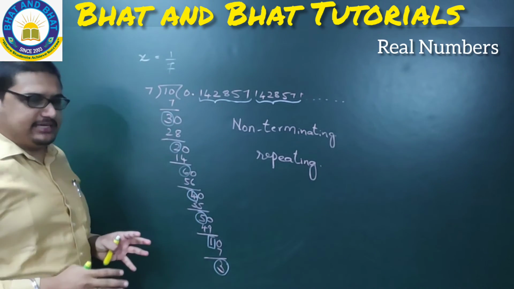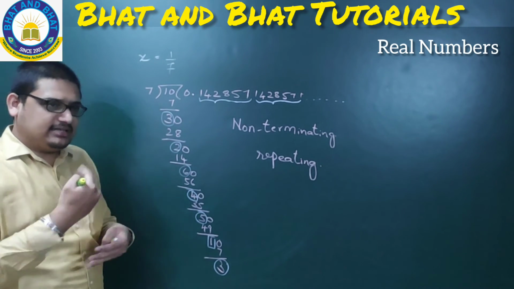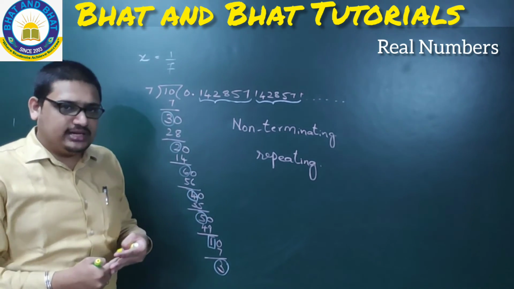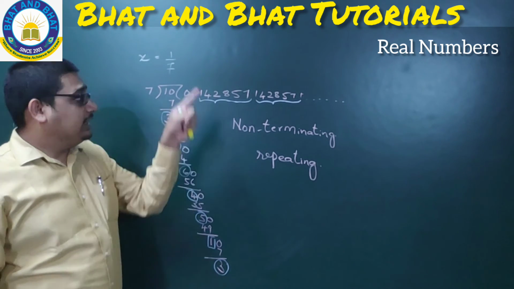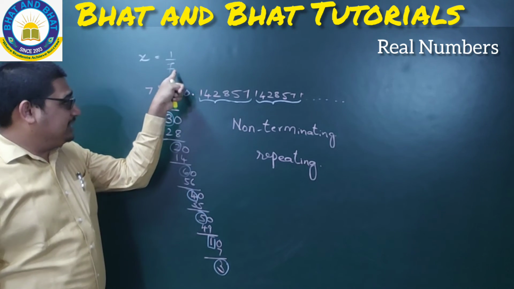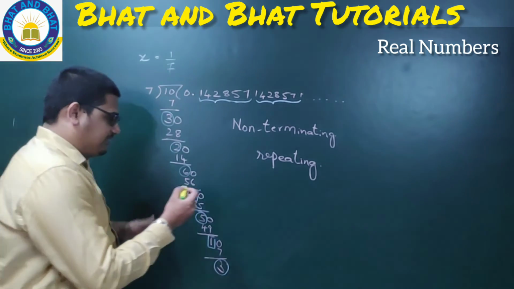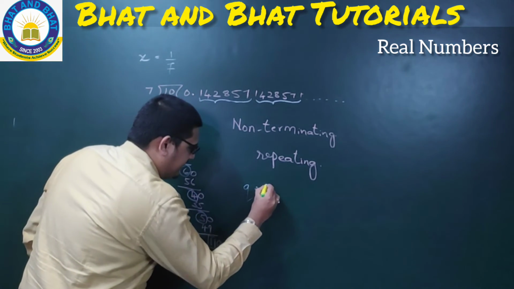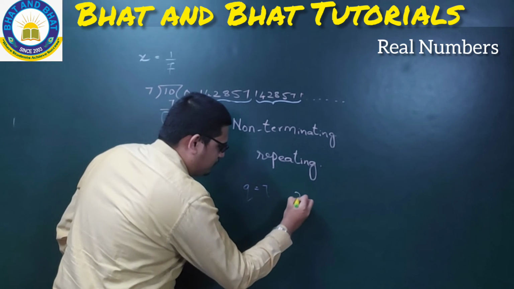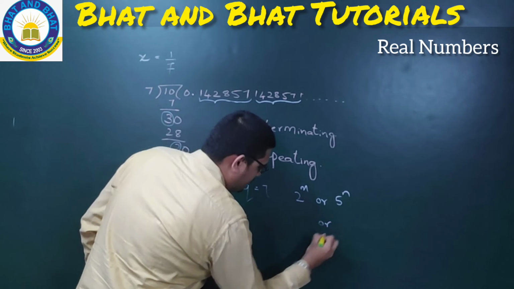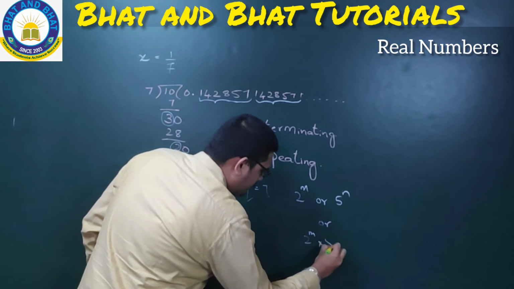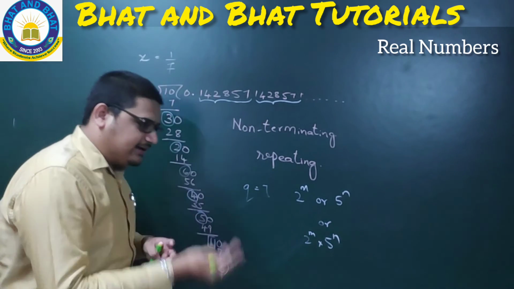Now we have to make an observation. In earlier theorems we made an observation using the prime factorization of the denominator. The denominator here is 7. Q is 7. It is not in the form of 2 power m or 5 power n or 2 power m into 5 power n. So what can we conclude here?